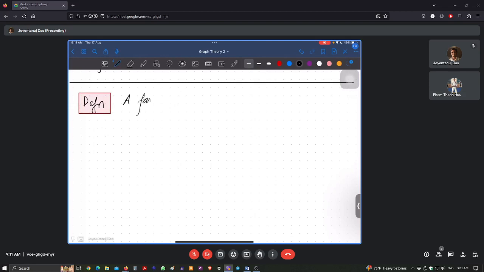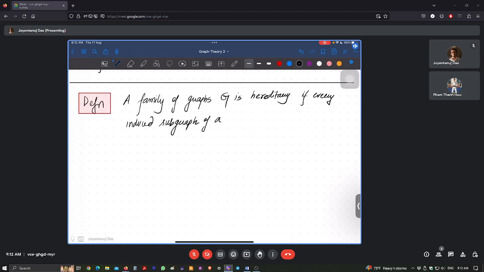A family of graphs is hereditary if every induced subgraph of a graph in the family is also a graph in the family.